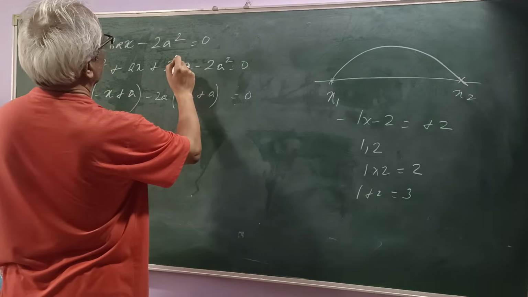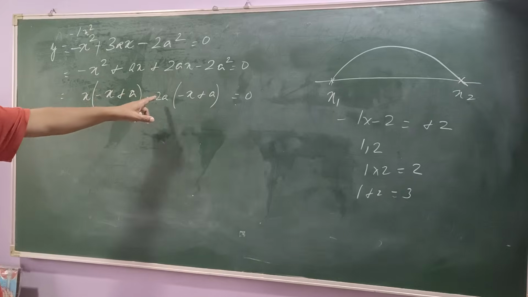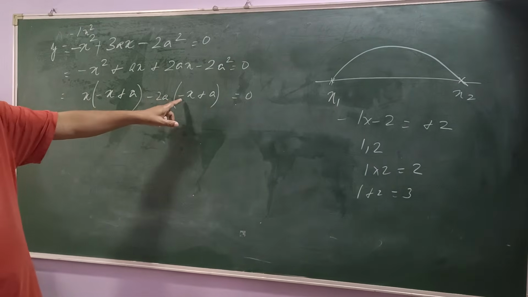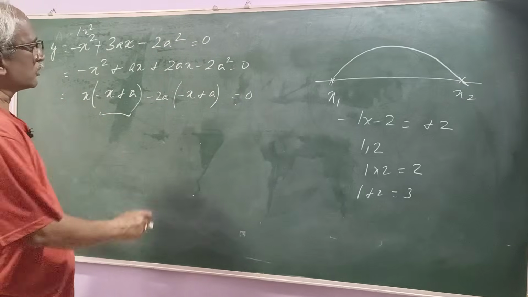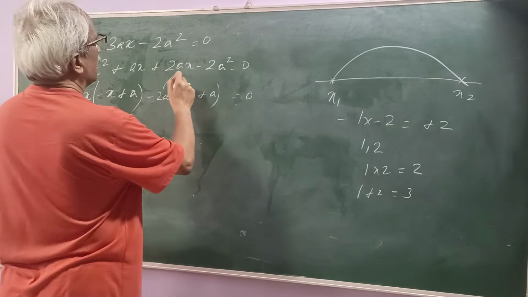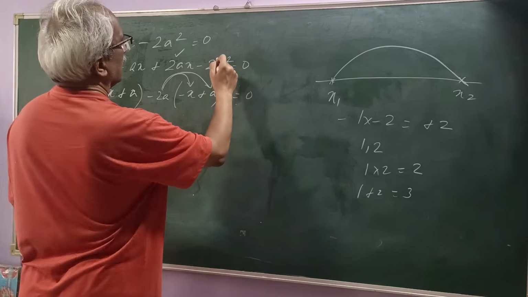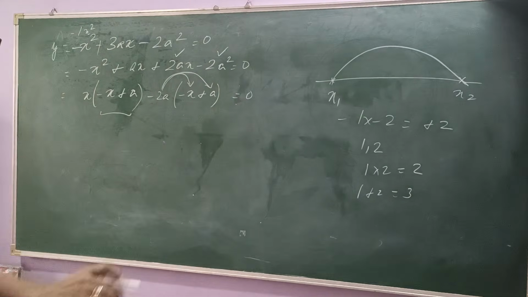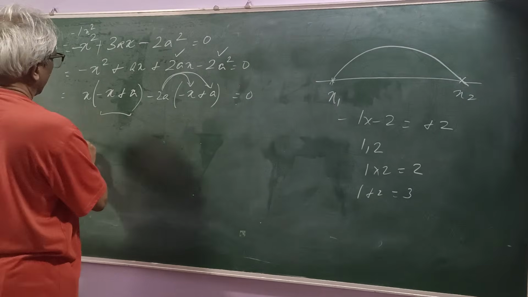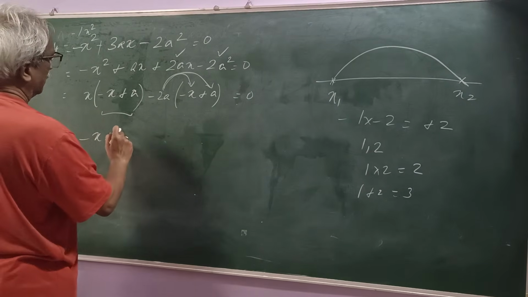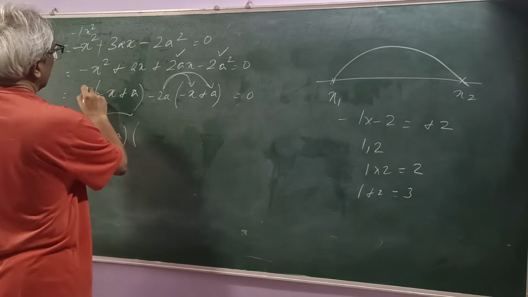Minus 2a into negative x is plus 2ax. Negative 2a into positive a is negative 2a square, right? So we are right. So if I take negative x plus a common, I am left with x and minus 2a.